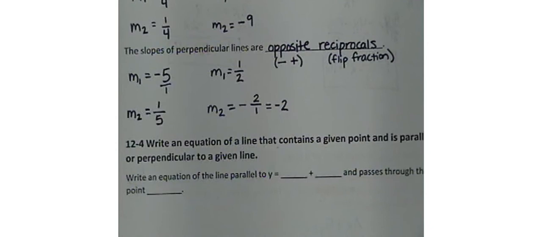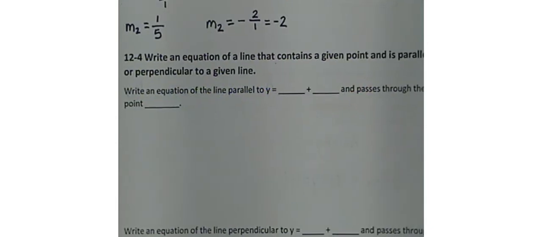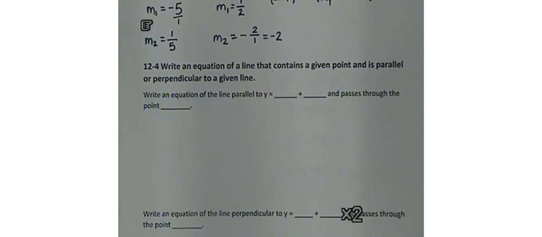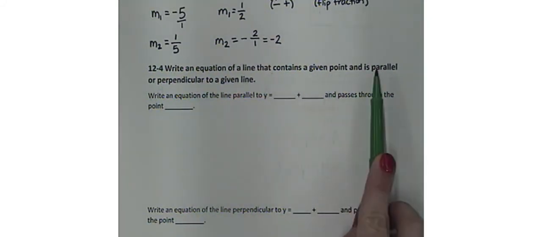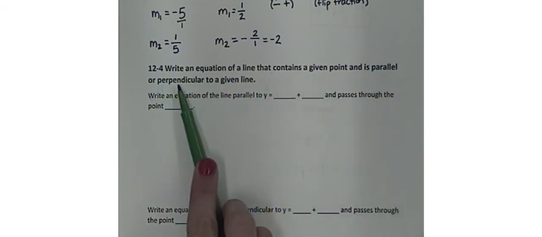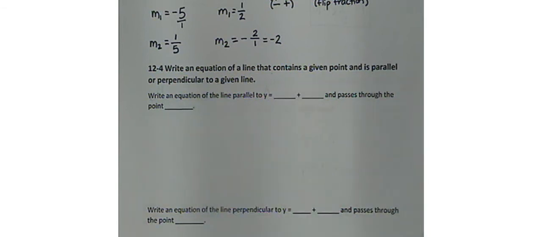And then in 12.4, we also were looking at writing an equation of a line that contains a given point, either a point x1, y1, or the y-intercept, and is parallel or perpendicular to a line given.